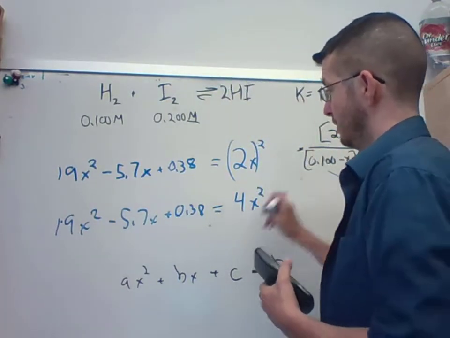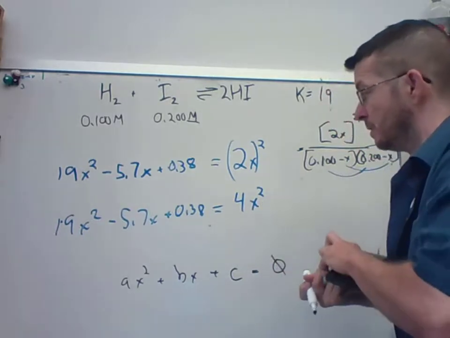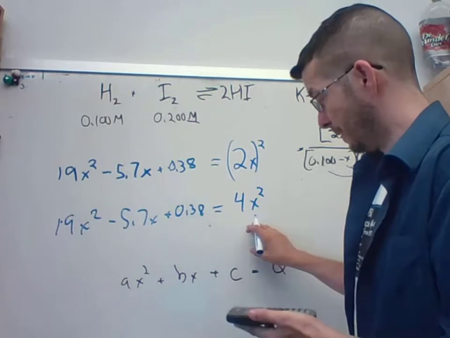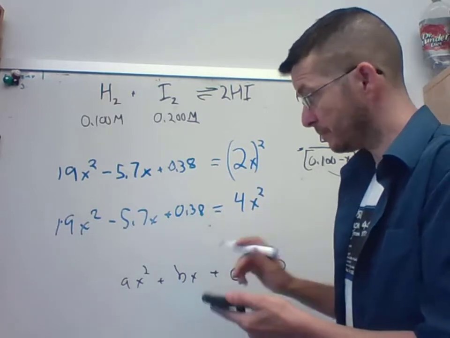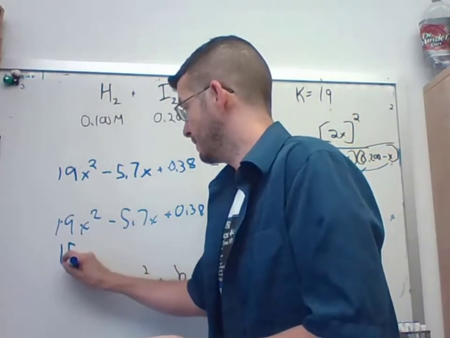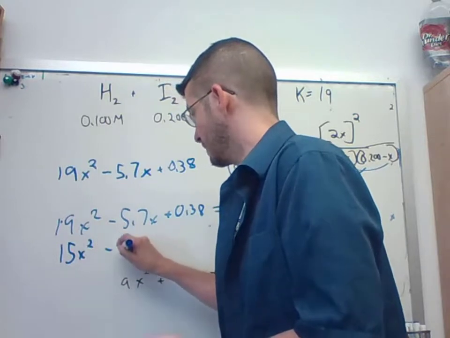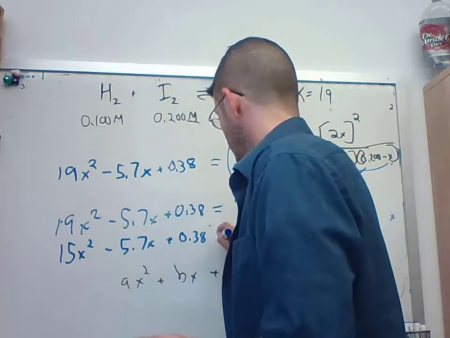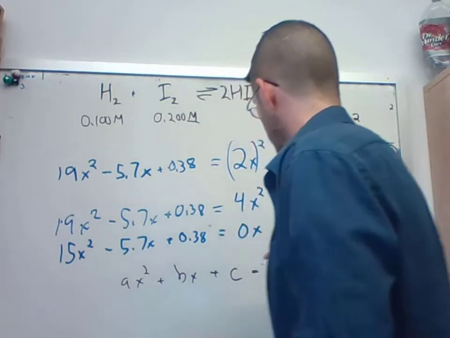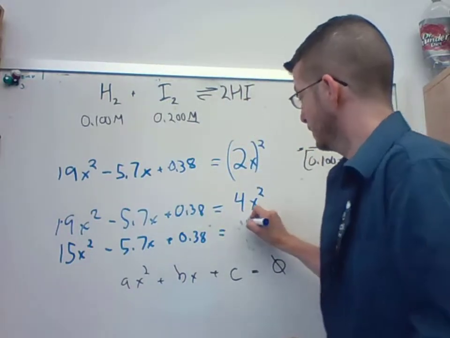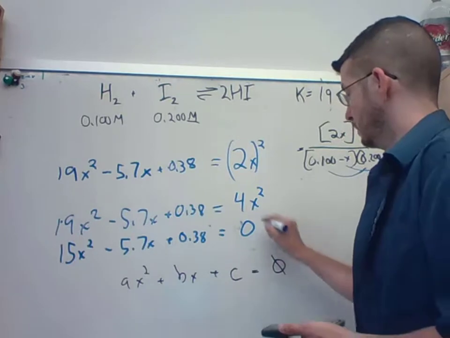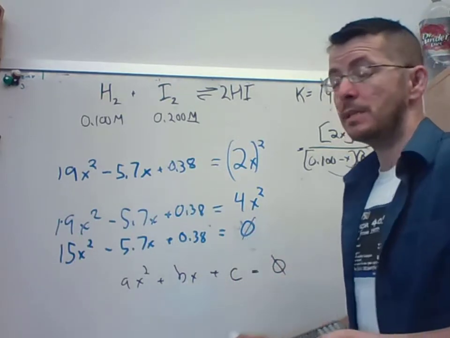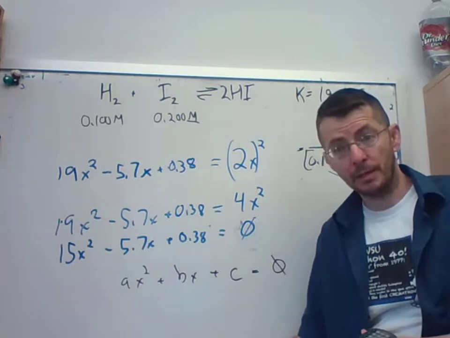So we have to make one side of this equation equal to 0. In this case, we'd subtract 4x squared from both sides. So this becomes 15x squared minus 5.7x plus 0.38 equals 0, which is in the correct form, ax squared plus bx plus c, and then we can solve using the quadratic formula.